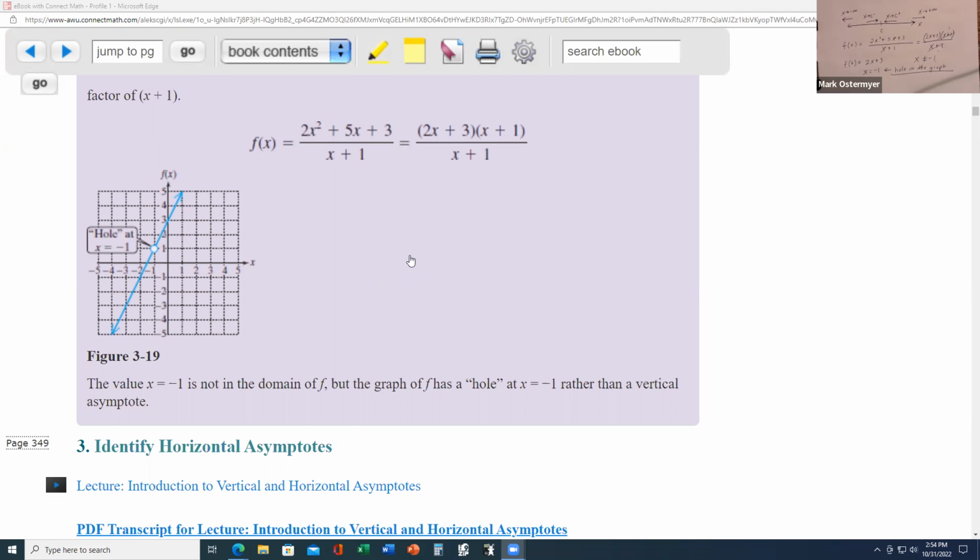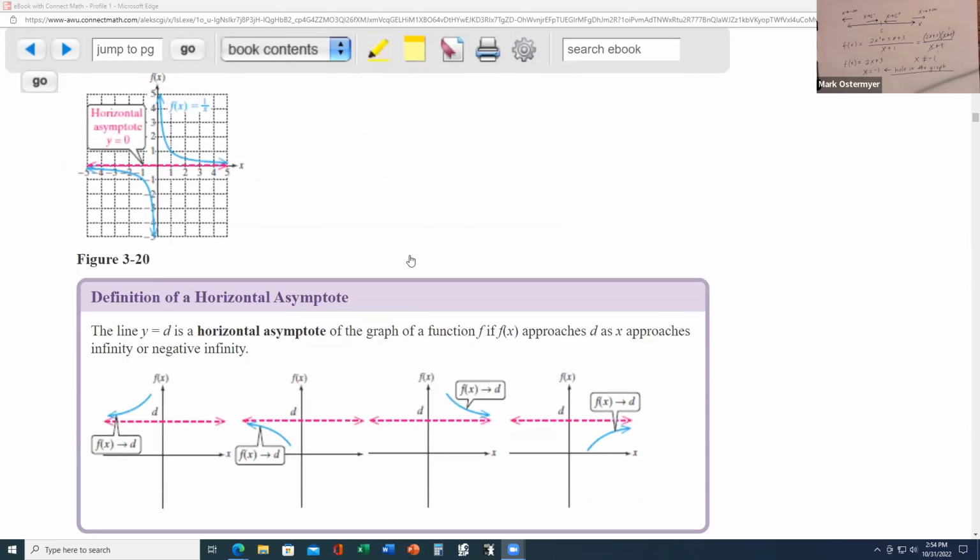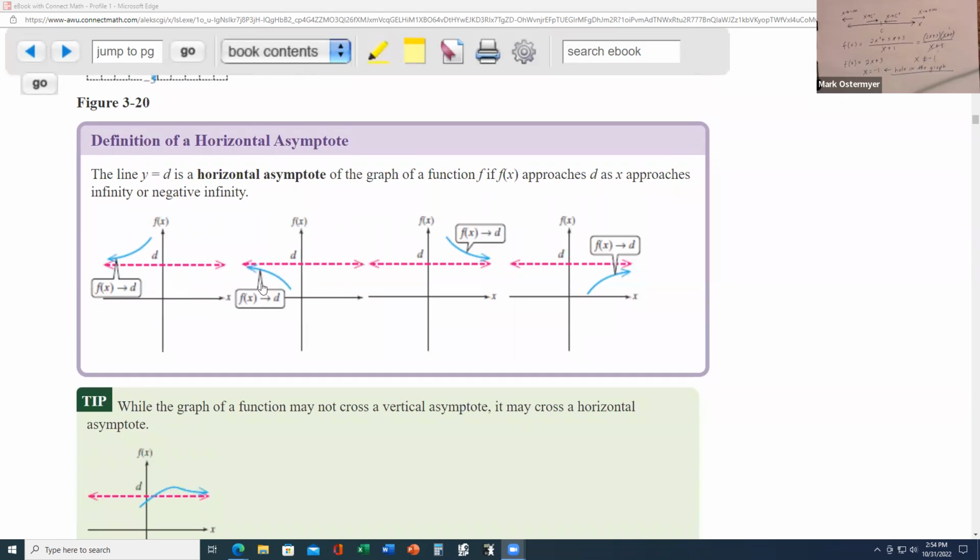Now, ladies and gentlemen, what's a horizontal asymptote? All right. Well, here's the definition of a horizontal asymptote. A horizontal line whose equation would be y equal to d, where d is just some number on the y-axis, is classified to be a horizontal asymptote if as x approaches negative infinity, f of x approaches that horizontal line from above or from below, or as x approaches positive infinity, the graph f of x approaches that horizontal line from above or from below.